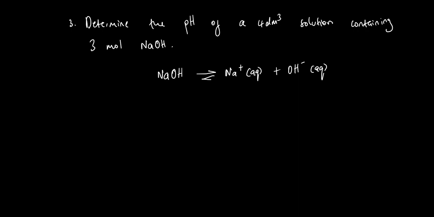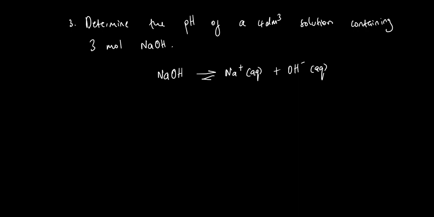Now, we need to get the pH of this solution. What is our next step, Miss Ori? Concentration of sodium hydroxide. Okay, so let's just try to do that real quick.